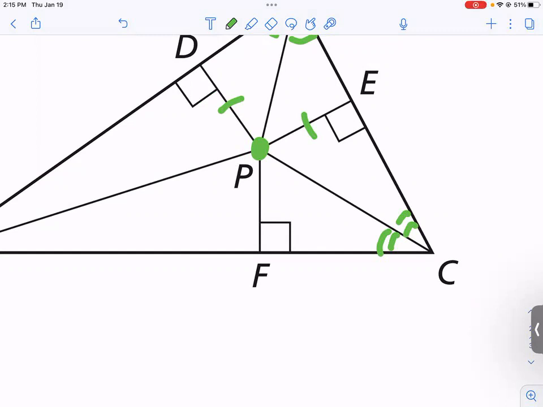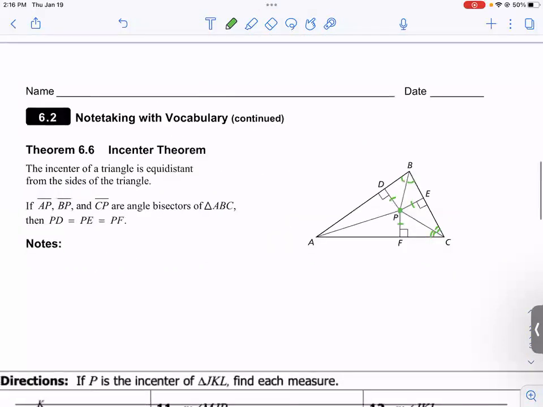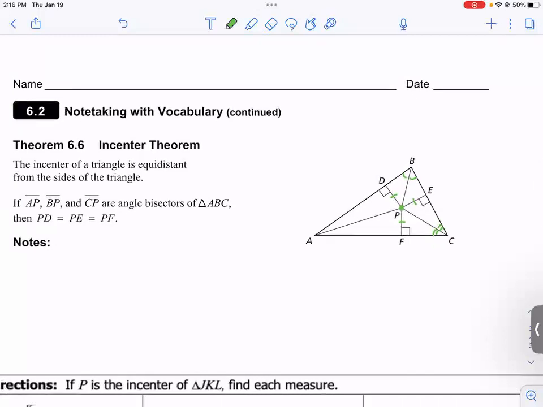If this is an angle bisector, what is true about these pieces right here? They're congruent. So the in-center is equidistant from the sides of the triangle.